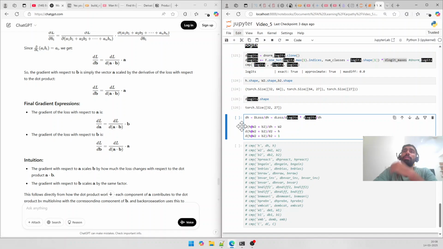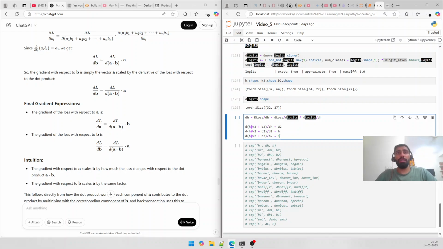But this is fine, but how will we multiply 32 cross 27? Apart from broadcasting, I don't see anything.